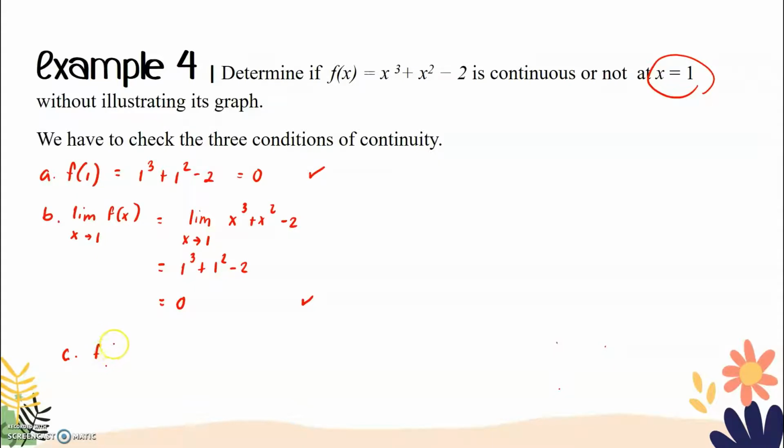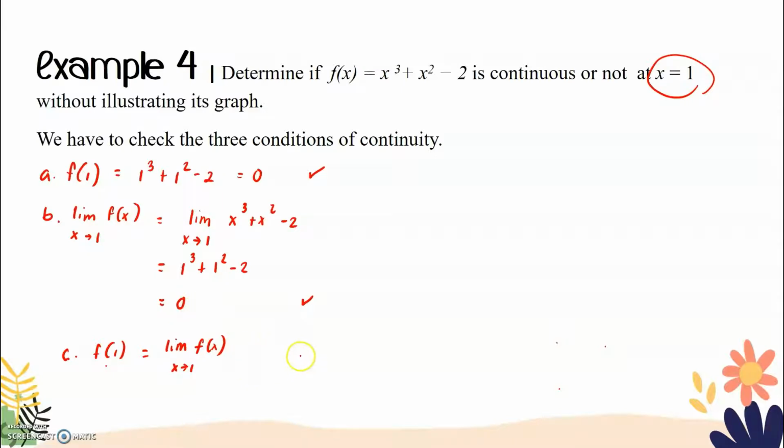Now in this example, f of 1 is equal to the limit of f of x as x approaches 1, because f of 1 is 0 and the limit of f of x as x approaches 1 is also equal to 0.